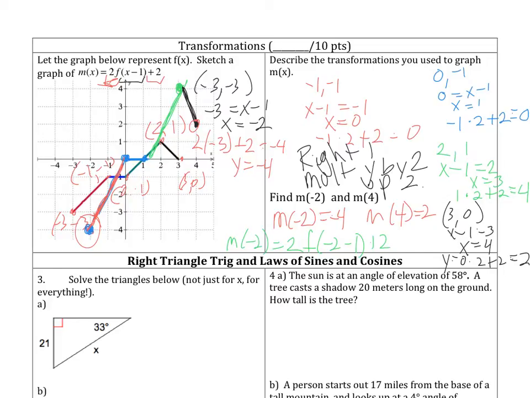In other words, that's 2 f of negative 3 plus 2. F of negative 3, that's going to be negative 3. So 2 times negative 3 plus 2. 2 times negative 3 is negative 6, plus 2 is negative 4. You can plug these in instead of graphing them if you have trouble graphing them.